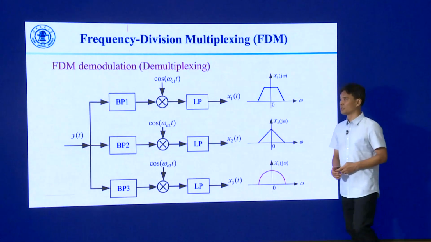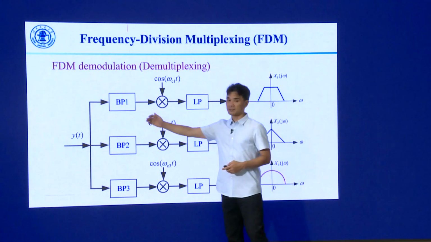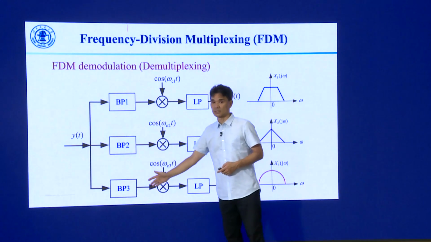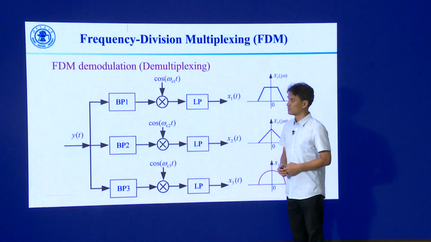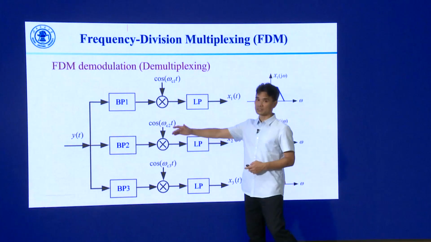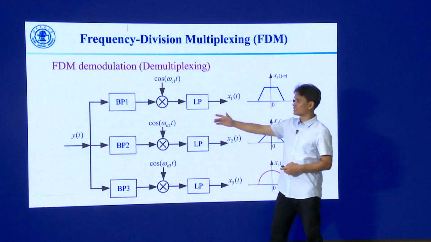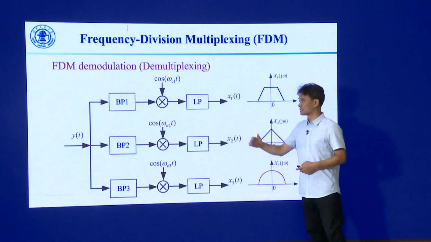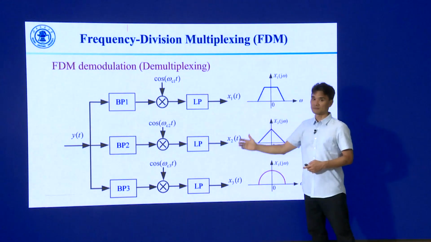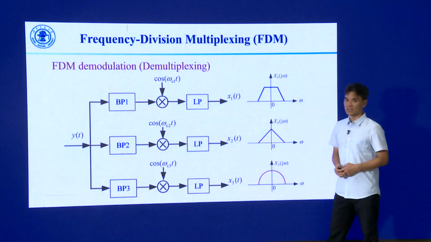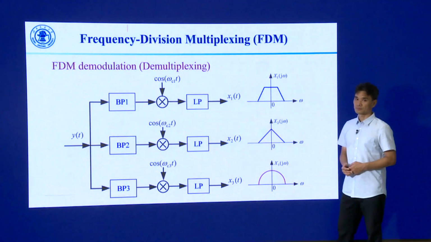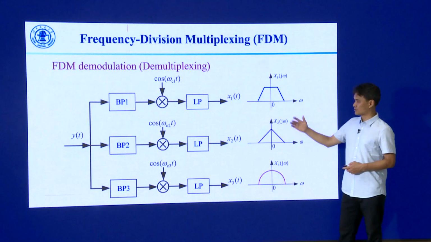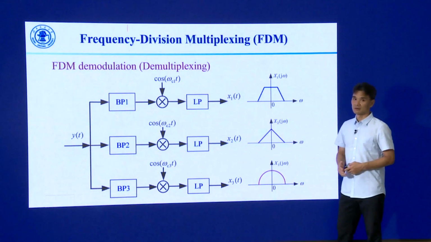And if we use bandpass filters with different frequencies, we can separate the different signals and then do the demodulation separately to get the signals in different channels without any distortion. And this is the idea of frequency division multiplexing.